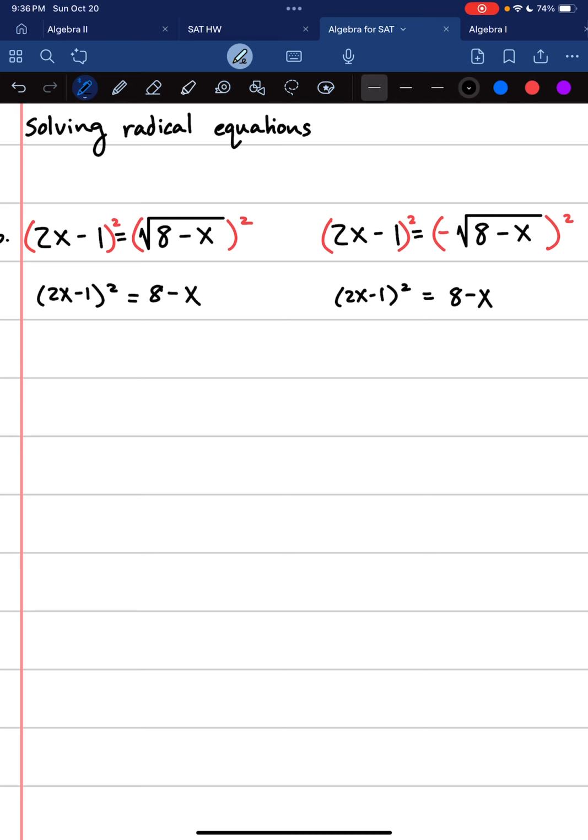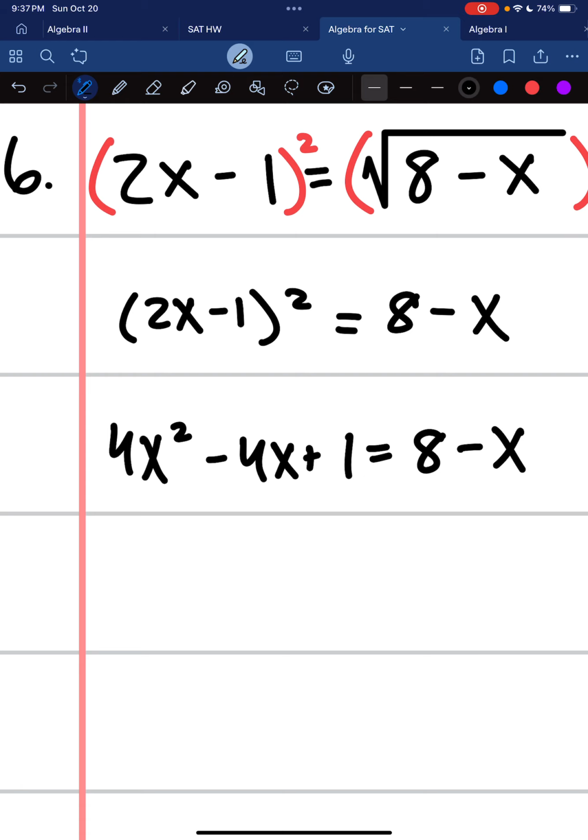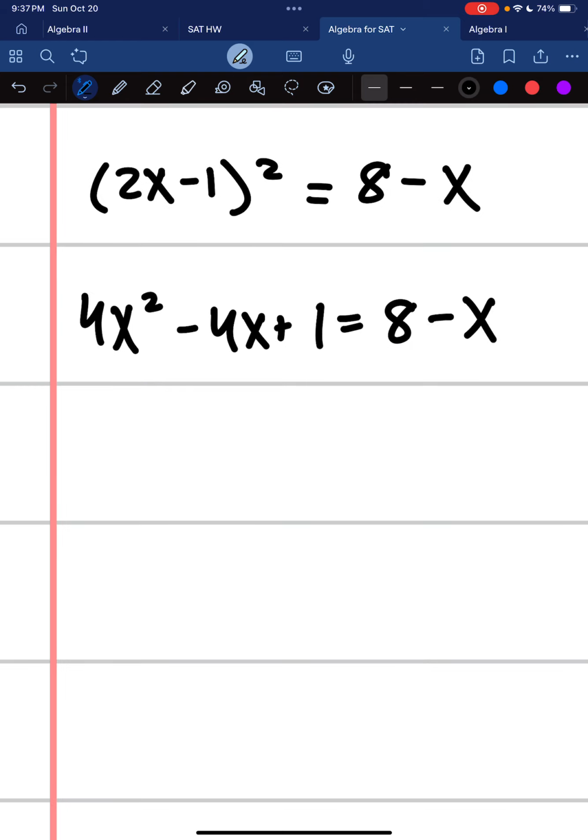And when we solve these 2 equations, we're actually going to end up with the same solution, right? So if I solve this one, I'm going to end up with 4x squared minus 4x plus 1 on the left side equals 8 minus x. And then if I move all of my terms to the left side, I get 4x squared minus 3x minus 7 equals 0.